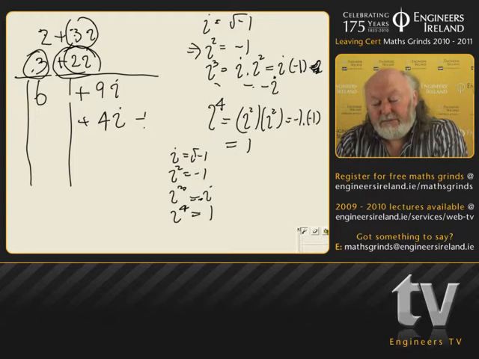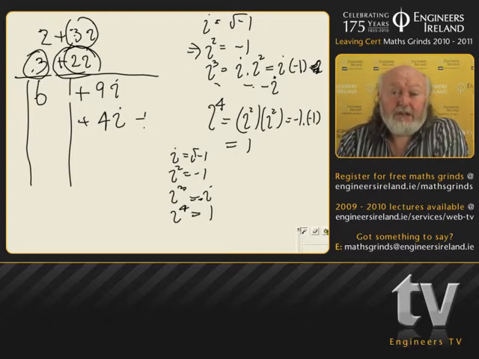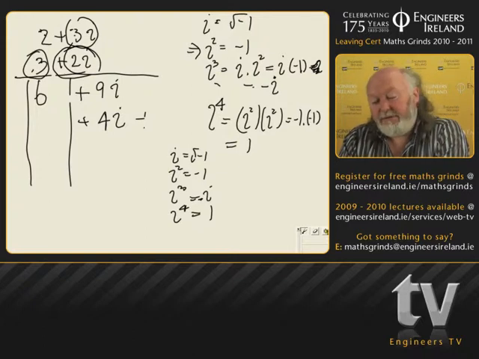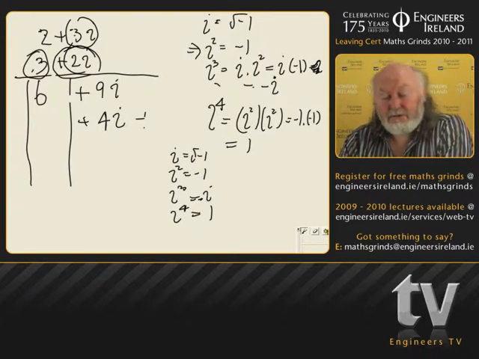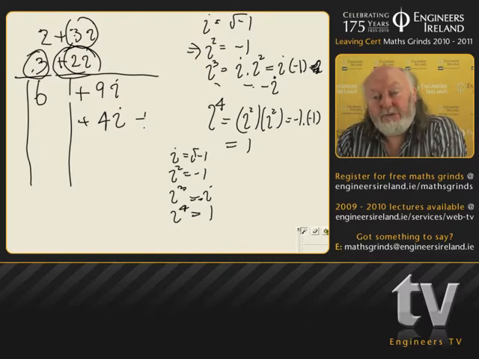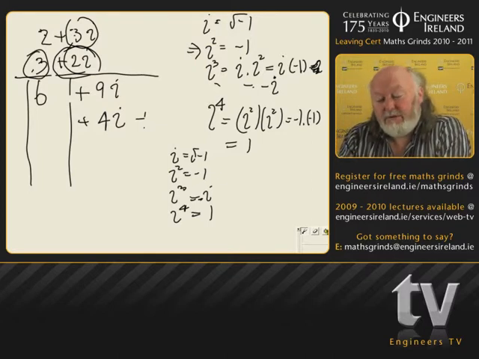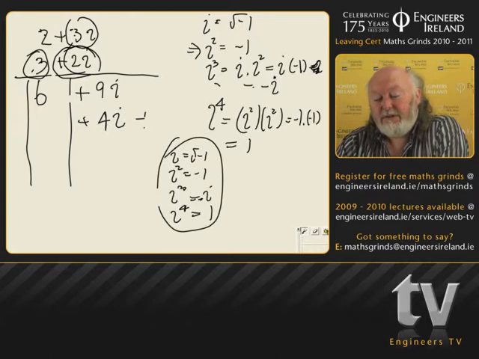And there's no other types. i to the 5 is just i multiplied by i to the 4, so it'll be i by 1, which is i. i to the 6 is i squared by i to the 4, so it's just i squared by 1, which is i squared, and i squared is minus 1. They're the only 4, the only ones you need to know.